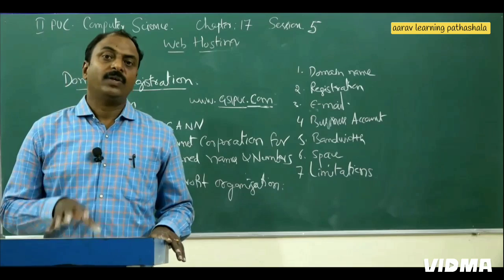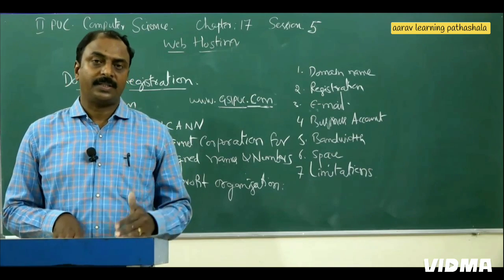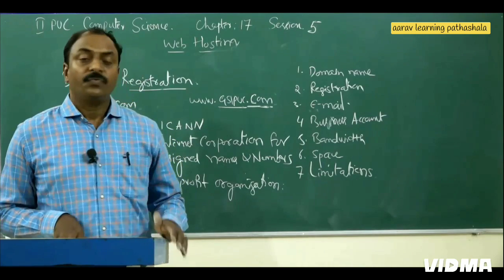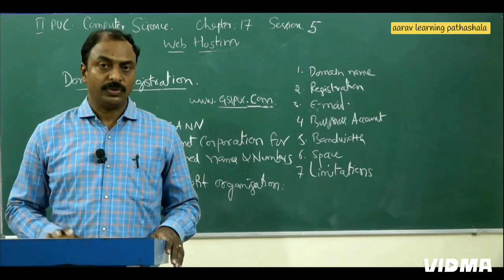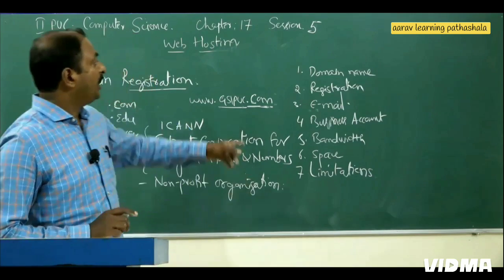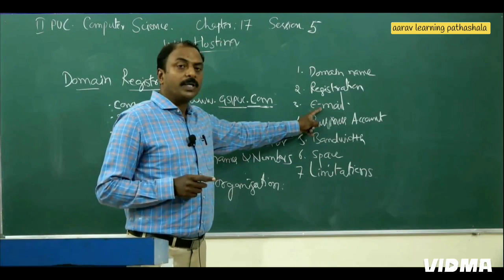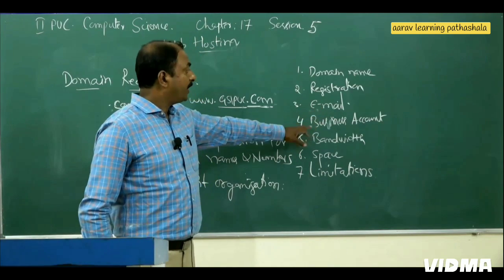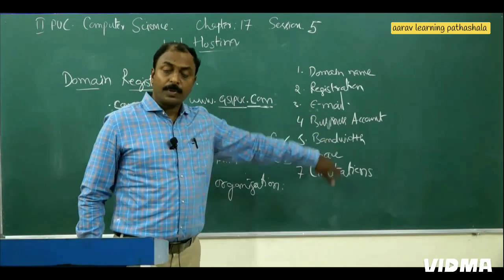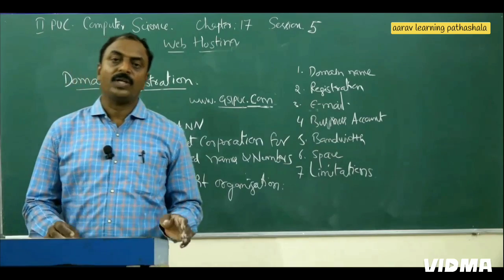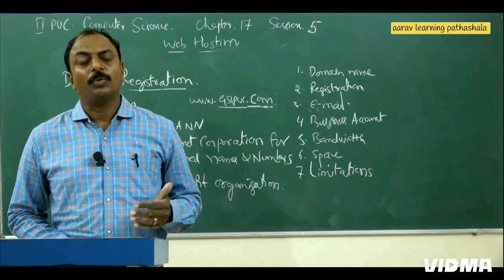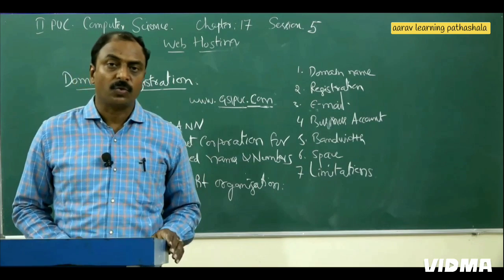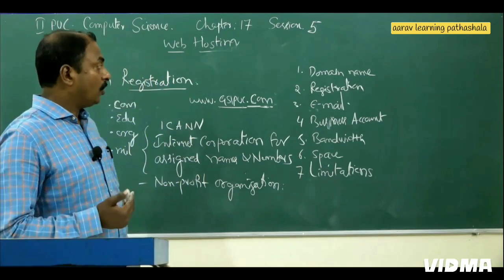So your website should have enough space or features to provide an email ID to all their users. So that is what I'm talking about with email here. This has to be kept in our mind. And apart from that, accounts: how many accounts are possible within our one website, how many accounts I can create, how many emails, how many messages I can store, all these things we have to think of.